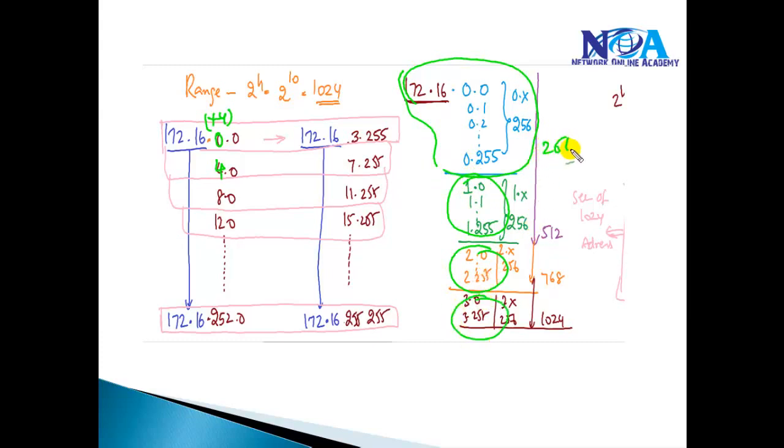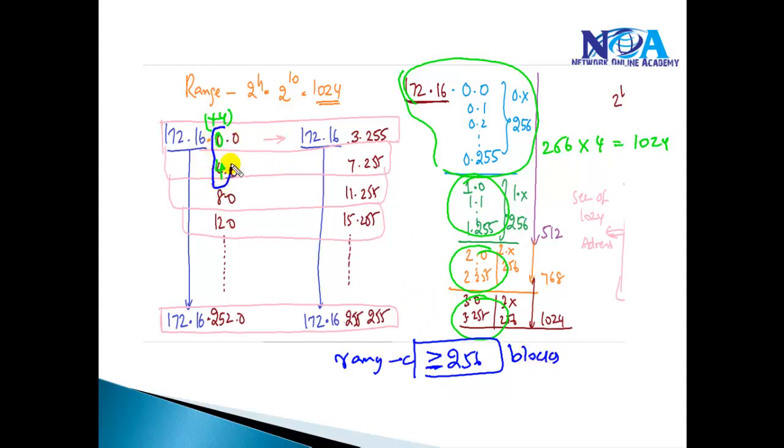Each block has 256 addresses, multiplied by 4, it's going to be 1024 addresses. In this example, what you have learned is how to write the range for bigger numbers. Any number which is 256 or more than 256, we need to take in terms of blocks, and we increment on this portion because our network size is much bigger than 256.